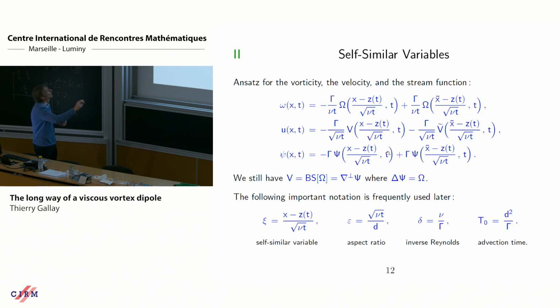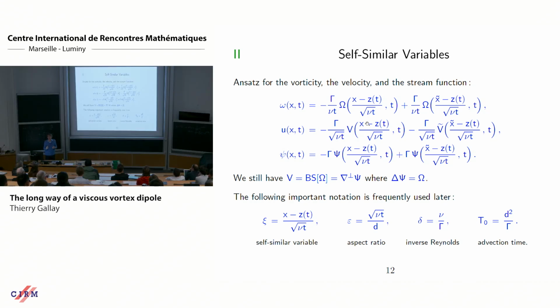So it's minus gamma over nu t times some new function capital omega of (x minus z of t) over square root of nu t. So this is a self-similar variable which is located at z of t and which has unit length which is square root of nu t. And this is not an exact solution, so it depends also on t. And the other term is just the mirror vortex. I write one vortex and the other one is obtained by symmetry.